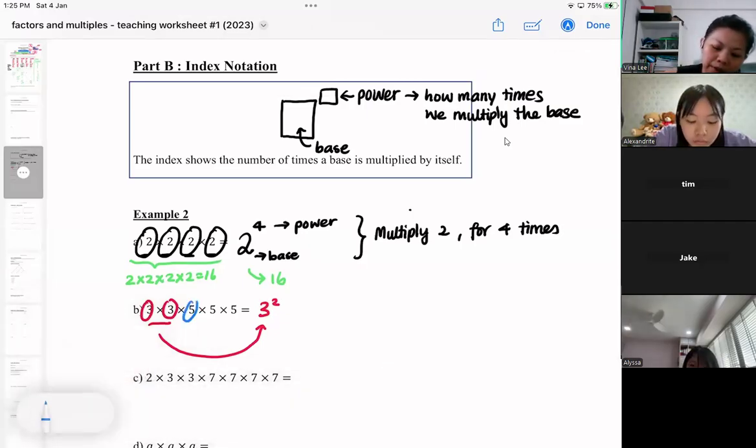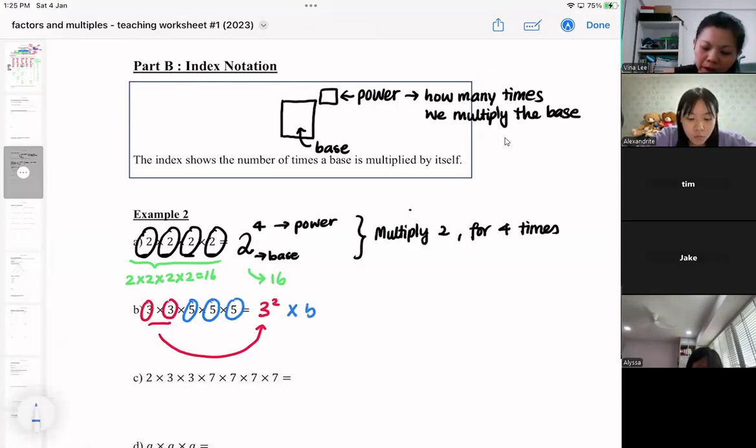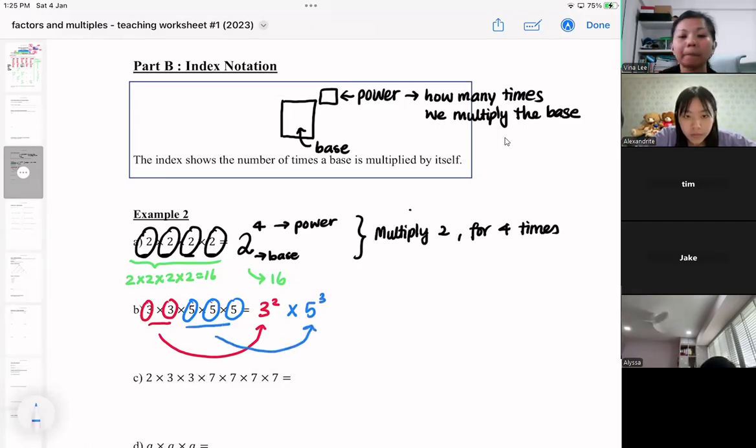Then 5 times 5 times 5 means it will be 5 cubed. So the 5 is multiplied 3 times, and the 3 is multiplied twice.